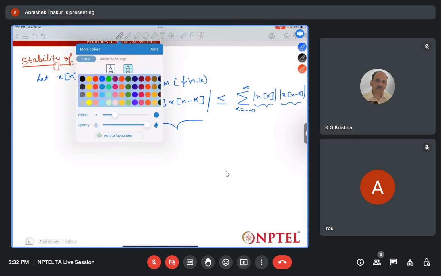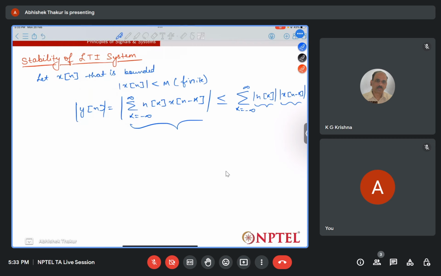So if we prove that this term is less than some constant, then we can easily prove that the system is stable. If this is less than some constant, then this will also be less than it, because this is less than this.